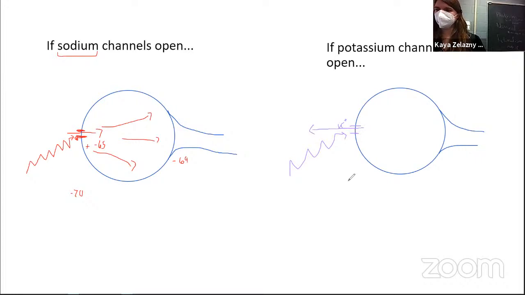Potassium is going out. So what is that doing to our membrane potential? More negative or less negative? Yeah, exactly. We're dropping down closer to that negative 94. So now we're going to be at like negative 75. So maybe if we measured at our axon hillock, we'd be at like negative 72.